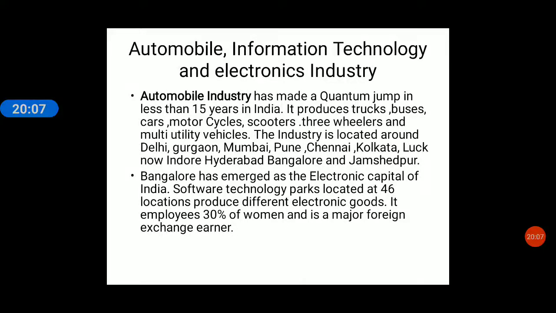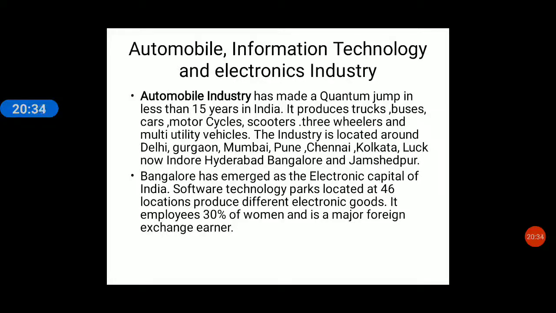All right, the special economic zones, or SEZ. Now, electronic industry. Bangalore has emerged as the electronic capital of India. The electronic industries are called sunrise industries. Yes, they are very diversified. Thousands of products are made in the electronic industries.